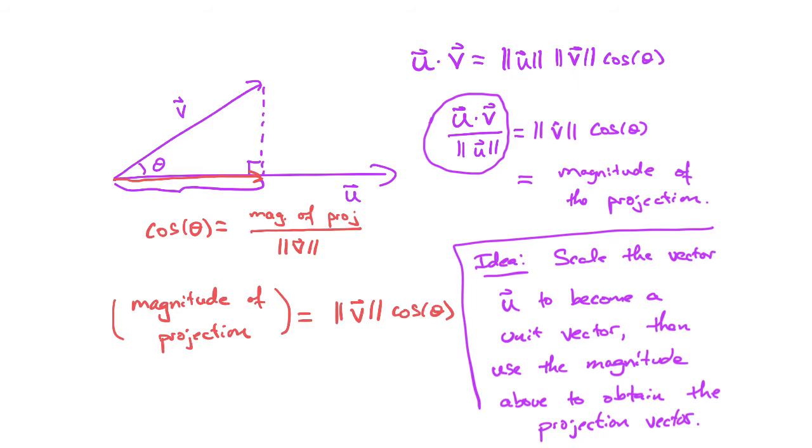So let's put this together and see if we can obtain a real formula for the projection of v onto u. For our vector u, to turn it into a unit vector, remember we scale it by the reciprocal of its norm.